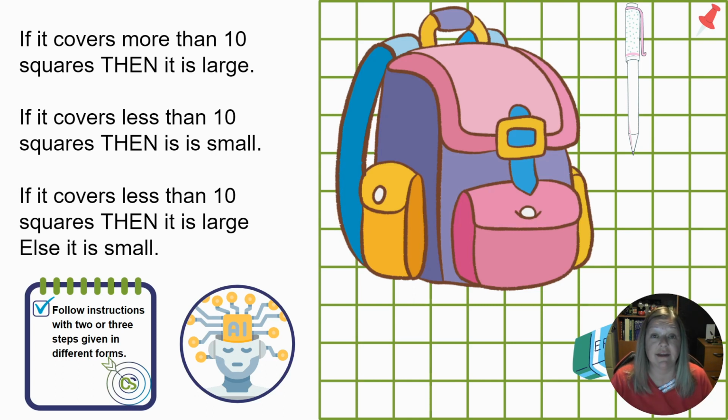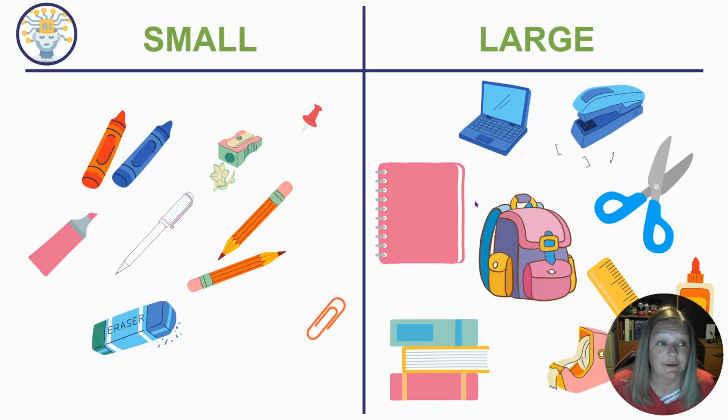Now I could give this to another person, I could give this to a machine, and they would be able to sort any object they came across by following these rules. So that's a way that you can connect that computational thinking nicely into that matter, skill, and procedure as well.